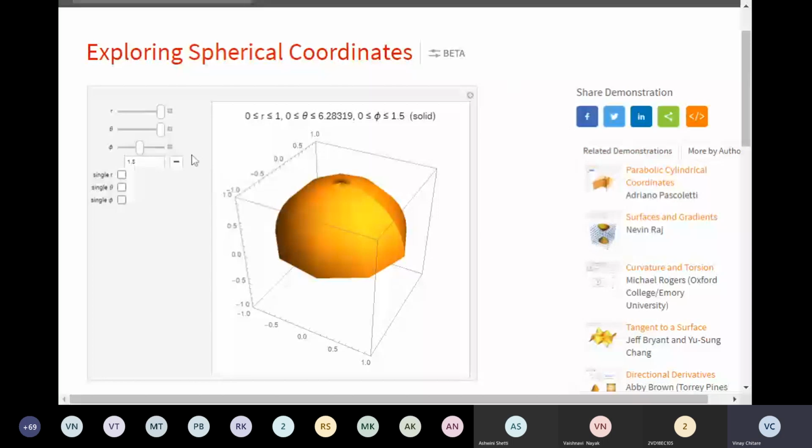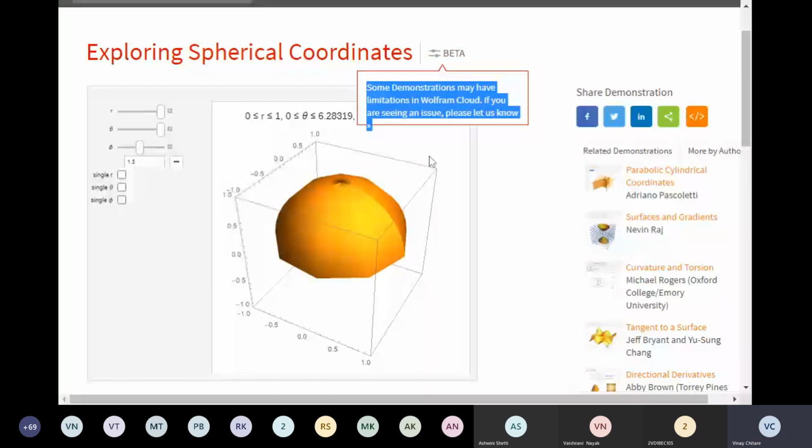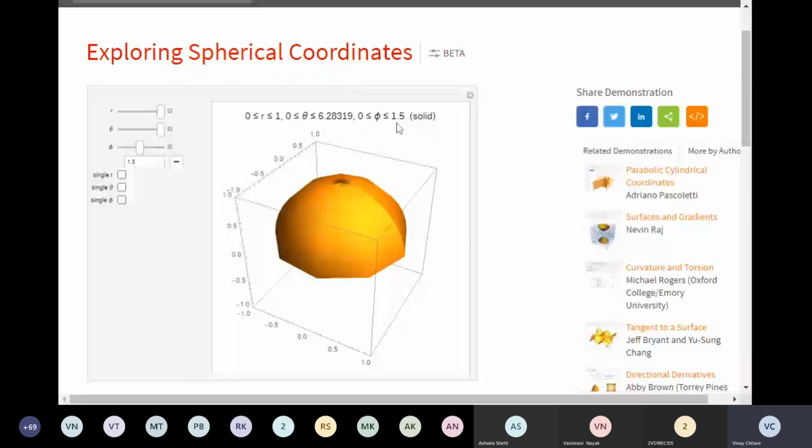Right now you could see I kept theta as 2 pi, because pi is approximately 3.142, so approximately 3, and 2 pi will be around 6. And the phi I have kept as 1.5, which means pi by 2. And you could see now it has led to a hemisphere. Is it not?